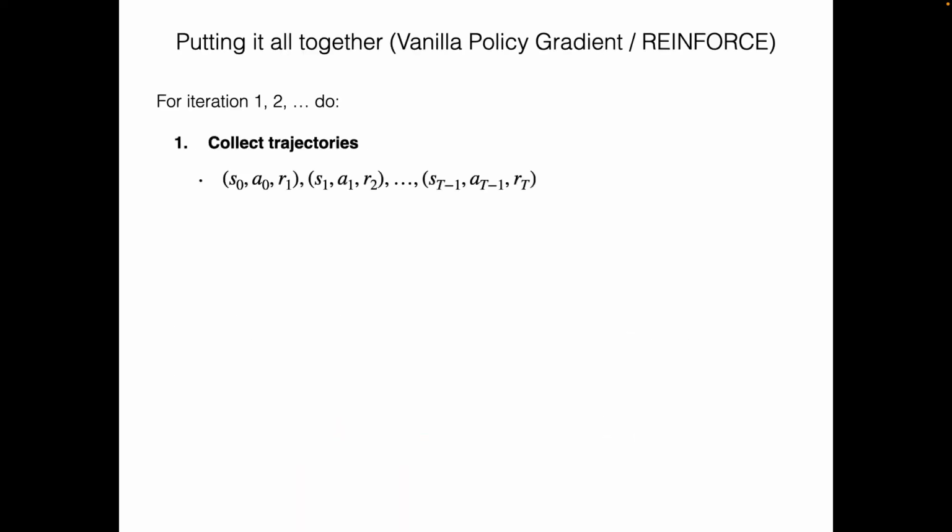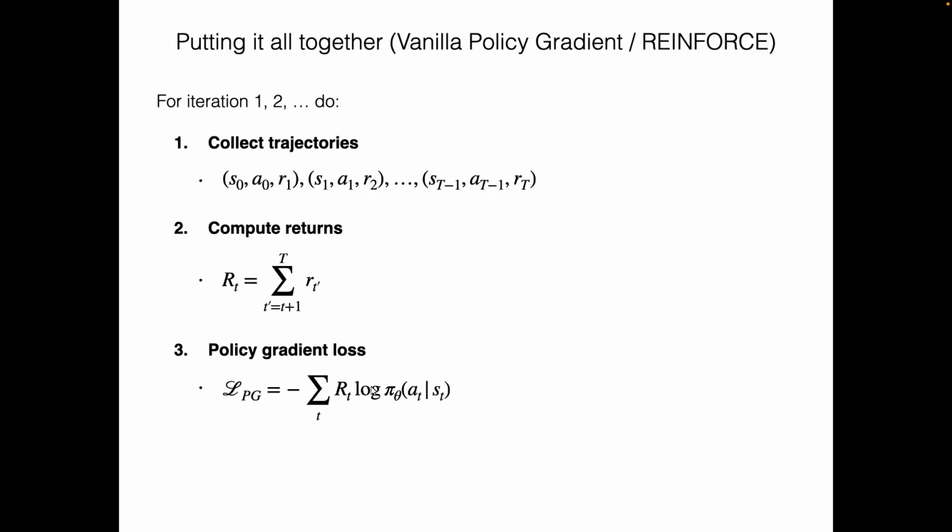Okay, if we put this all together, I've just been showing formulas, but we can put this into an algorithm, and the algorithm is as follows. First, we collect trajectories. We interact with our environment, we call our policy, you play the Atari game, whatever. Then you compute these returns. At each state, you sum up the rewards.